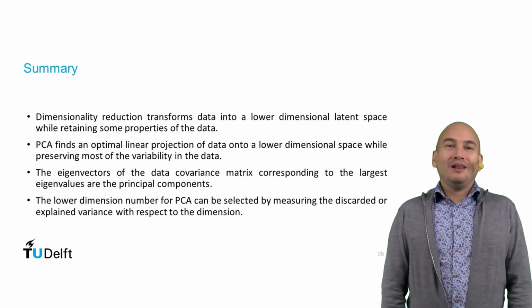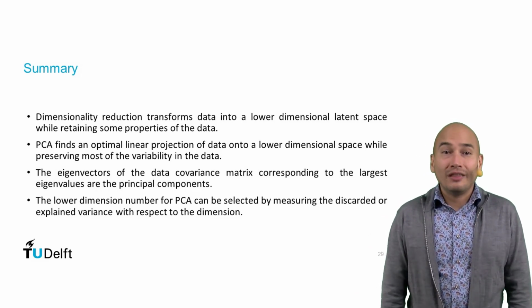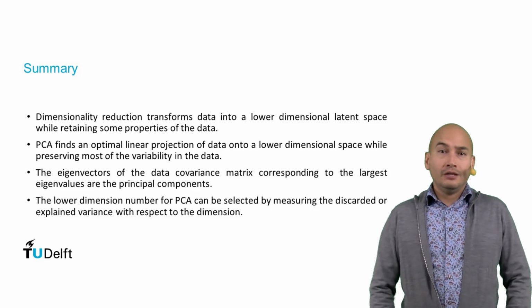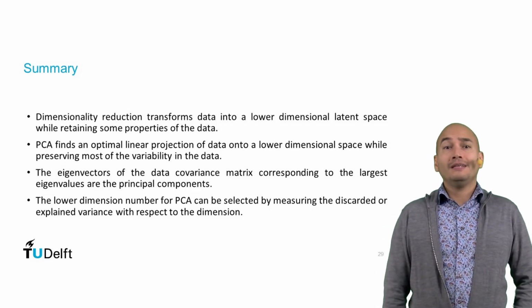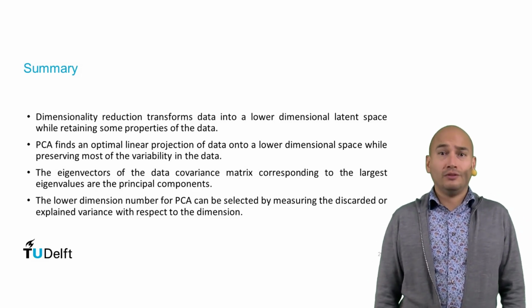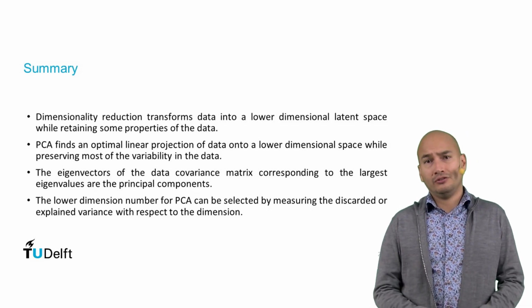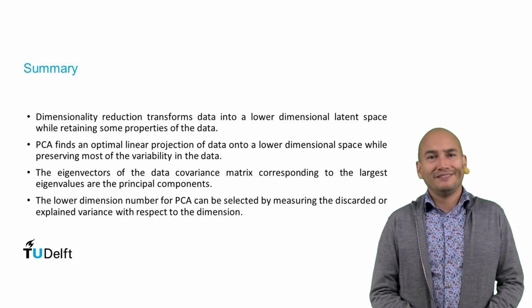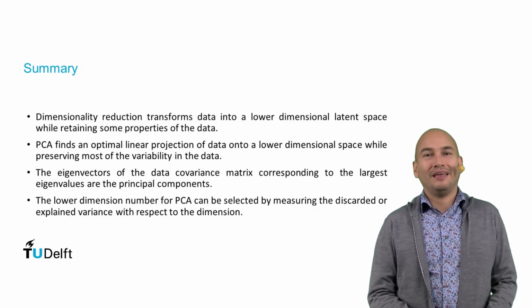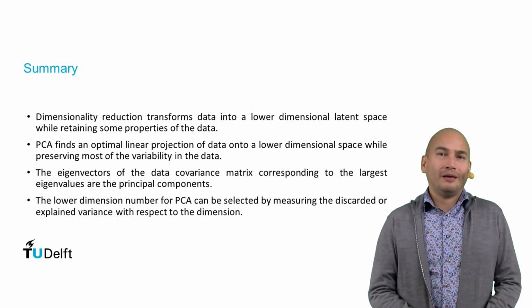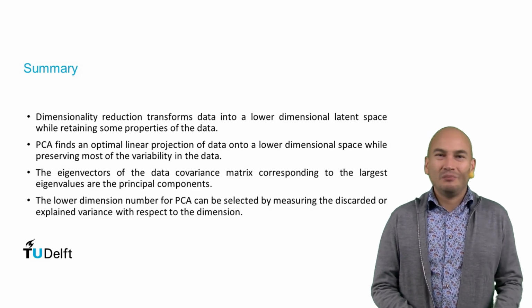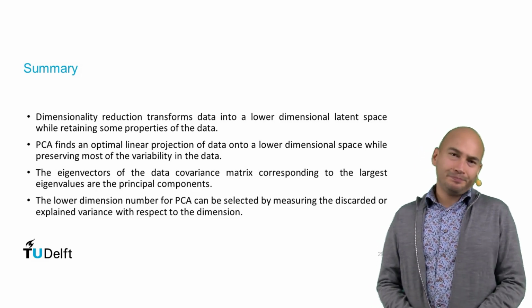In this lecture, we learned that dimensionality reduction transforms data into a lower dimension latent space while retaining some properties of the data. As a representative method of dimensionality reduction, PCA finds an optimal linear projection of data onto a lower dimension space while preserving most of the variability of the data.